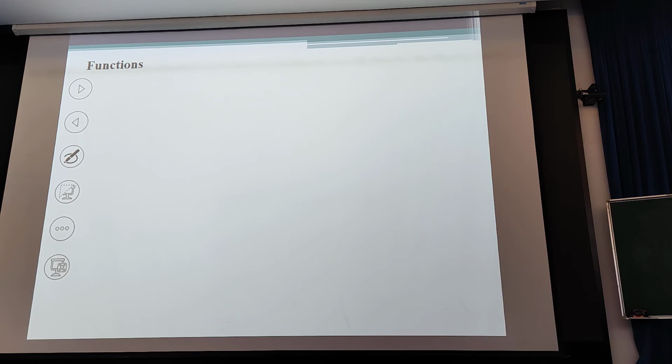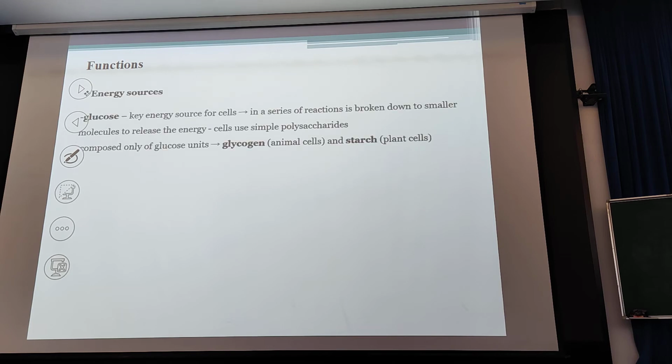Yes, provide energy. They are the energy source, the most important function of carbohydrates. So here we have glucose, the key energy source for the cells, and in a series of reactions it is broken down into small molecules and releases the energy, and the cells can use it.